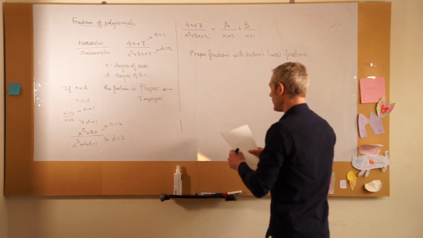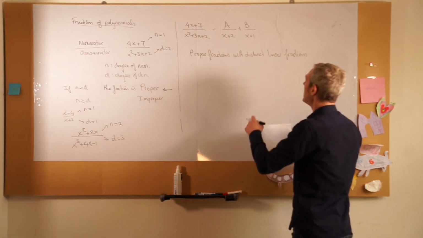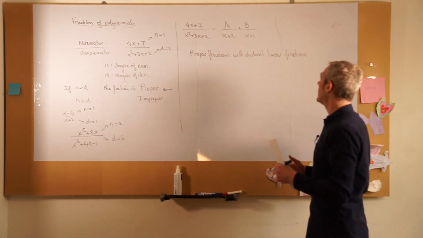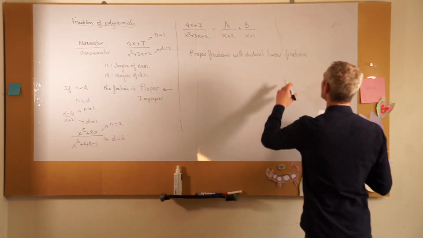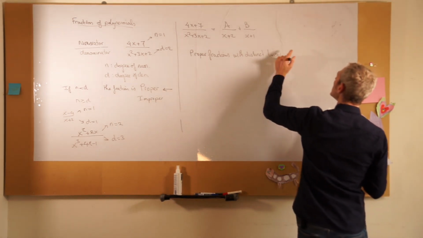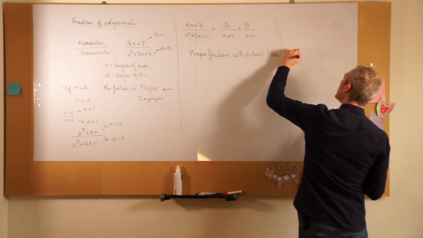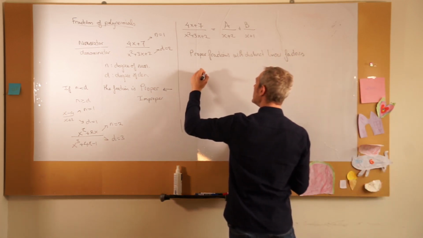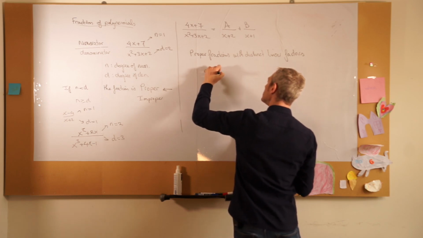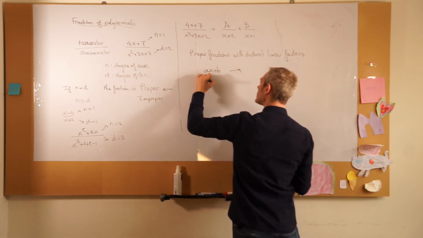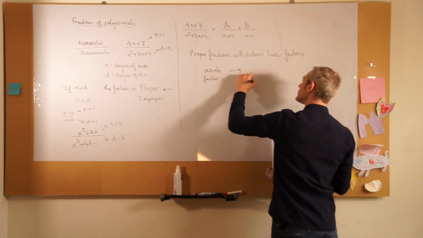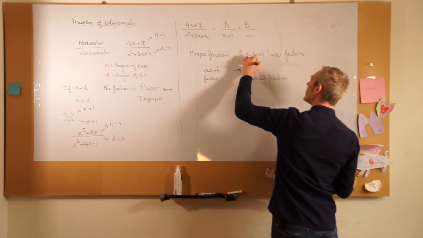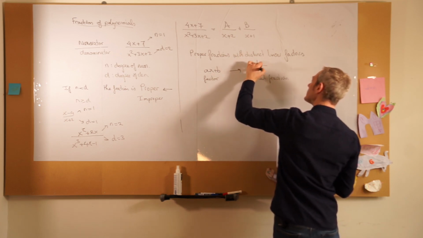So, if we have a proper fraction with distinct linear factors, and we have a factor of the form ax + b, we will get a partial fraction of the form A over (ax + b).